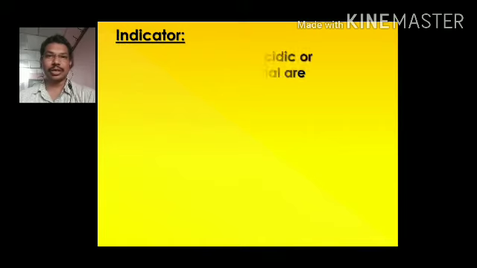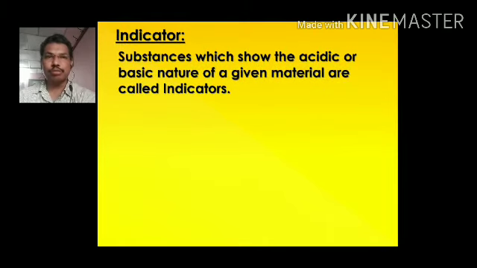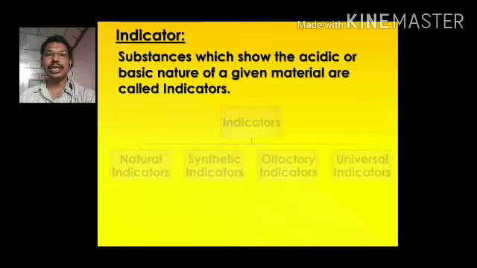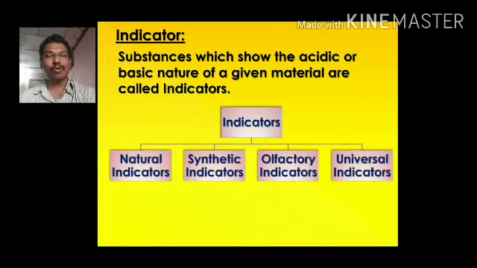Now, indicator. Any substance which shows the acidic or basic character of a given material is called an indicator. Indicators are basically of four types: natural indicators, synthetic indicators, olfactory indicators and universal indicators.